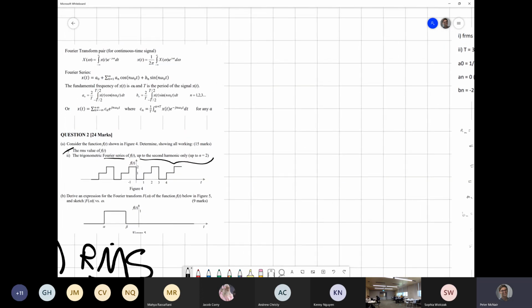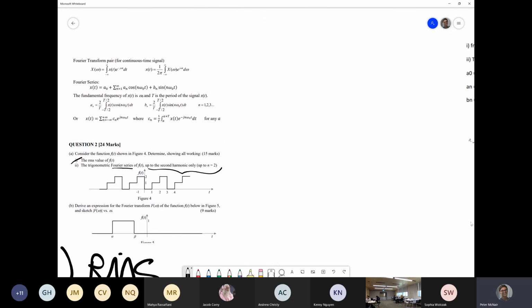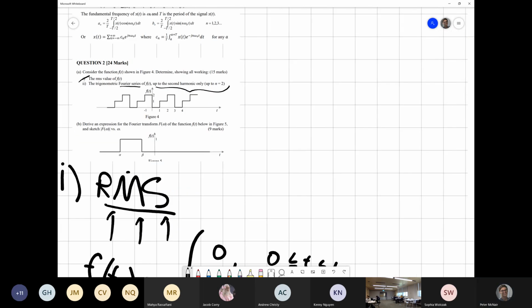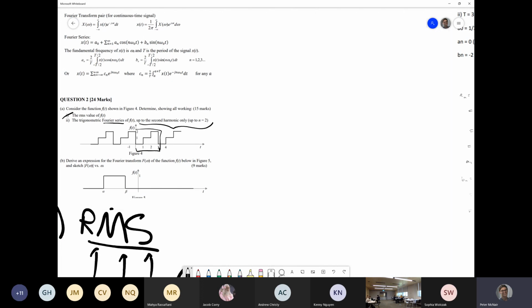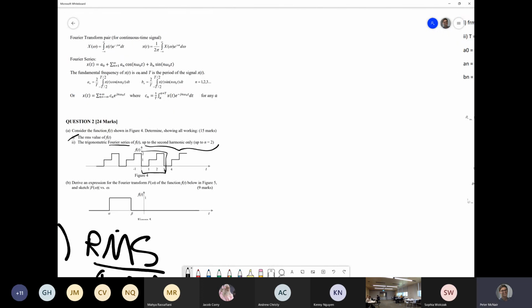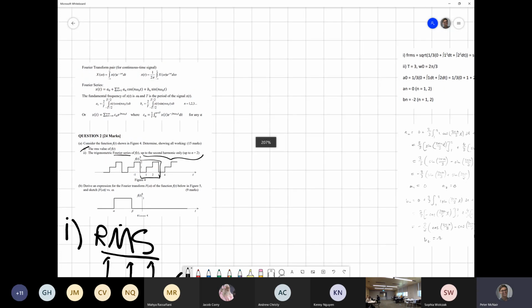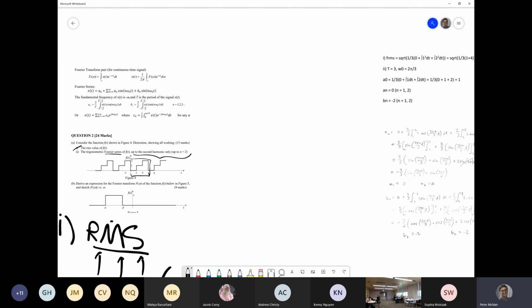That's essentially just another way of describing this for each period. So we're really only worried about each period, right? So I'm going to choose this section as defining one period of my series. For Fourier series, we know that it has to be periodic to be able to use it, and we've got that. We assume it keeps going on forever. So, can anyone tell me what A0 is?